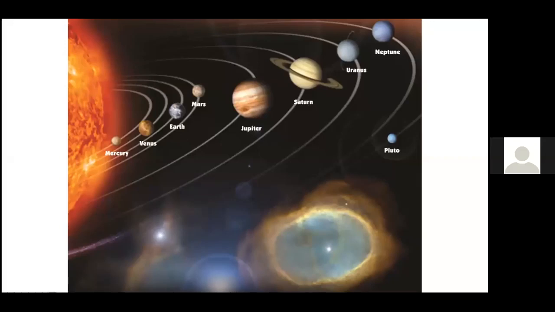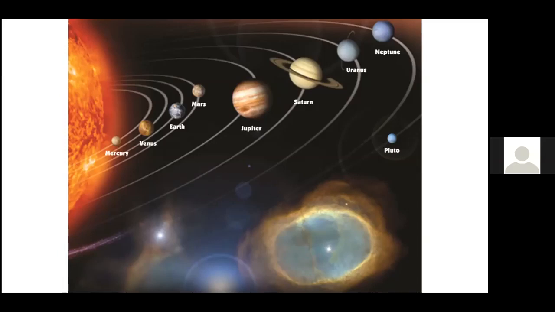Moving out beyond Mars, this diagram doesn't show it, but there's an asteroid belt as well. Something broke up and is orbiting the sun. Beyond that, planet-wise, we have Jupiter, Saturn, Uranus, Neptune, and Pluto is no longer considered a planet. It's a little sad, but unfortunately, we lost Pluto.